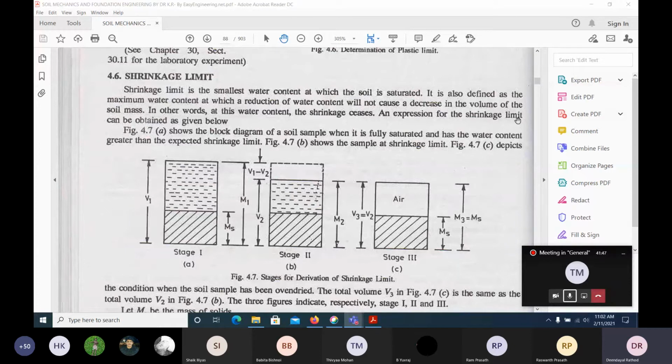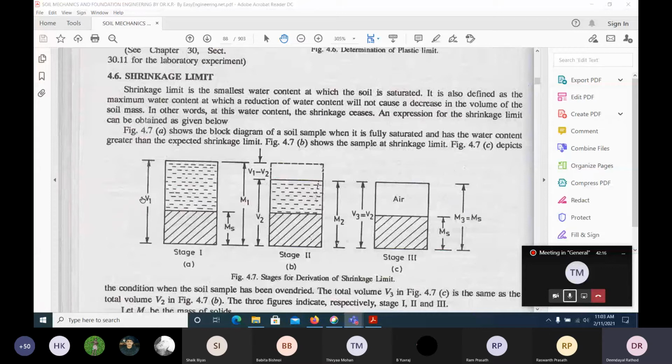Now, how do we find out the shrinkage limit? We have a laboratory test for that, and by the basic definition also we can find it. Now look at this one. This is stage 1, stage 2, and stage 3. Again I am dividing it: water I am keeping separate and the solids I am keeping separate.